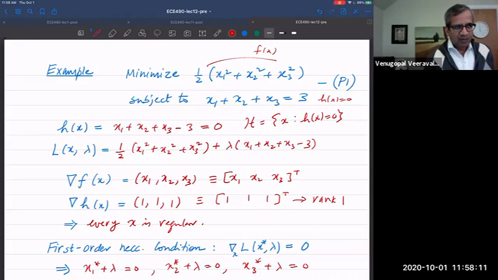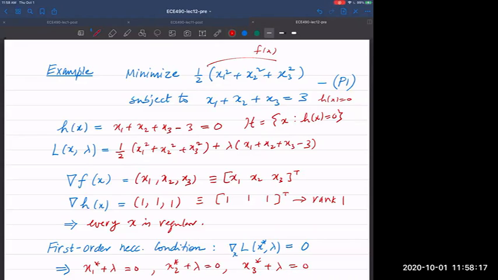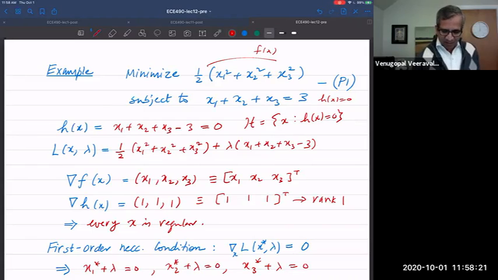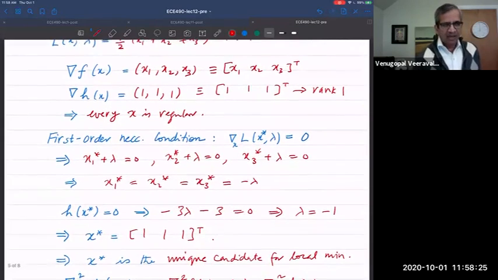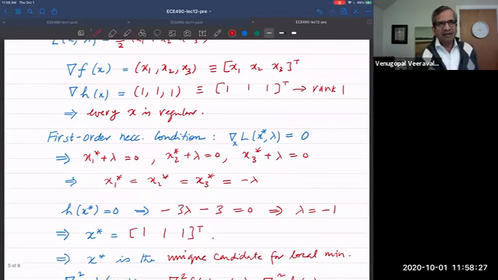So what do we know about those kinds of functions? First of all, the minimum exists, and if the gradient condition is met, then you get the global minimum.